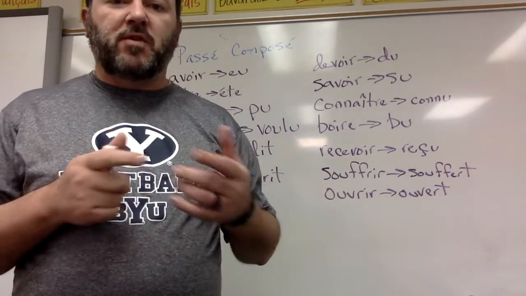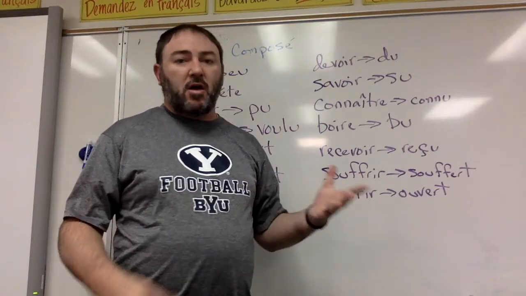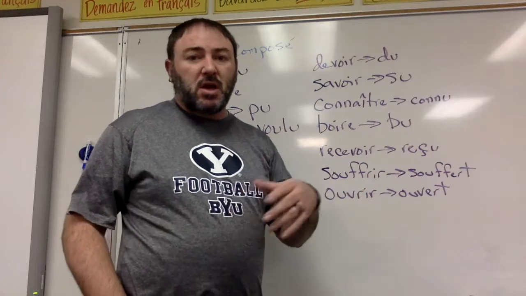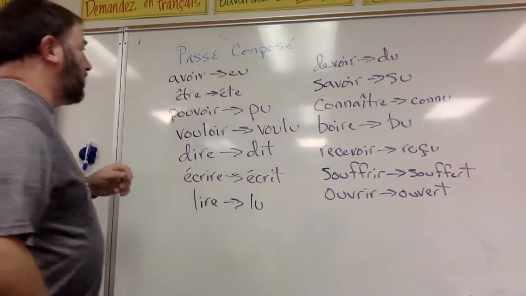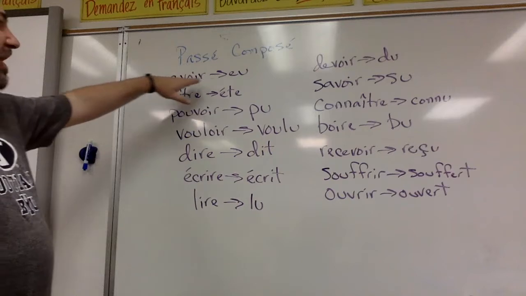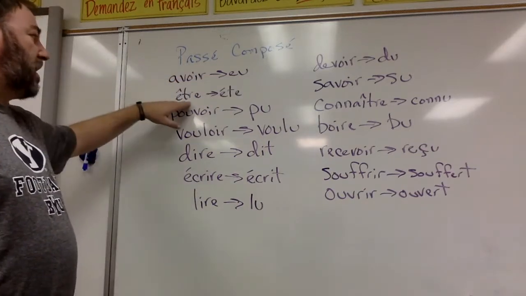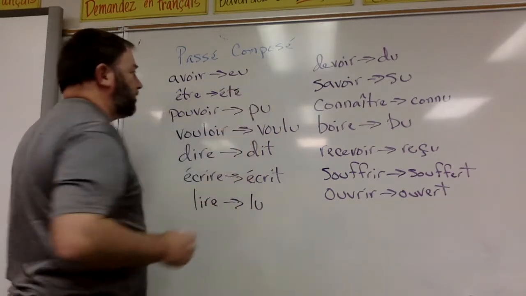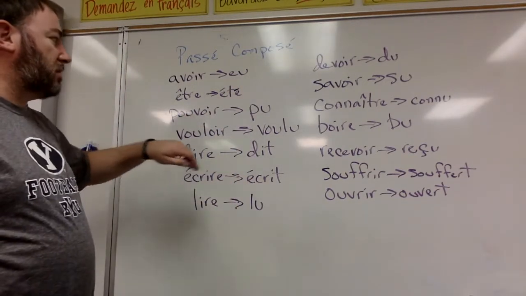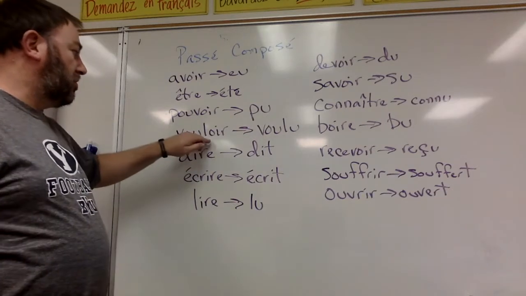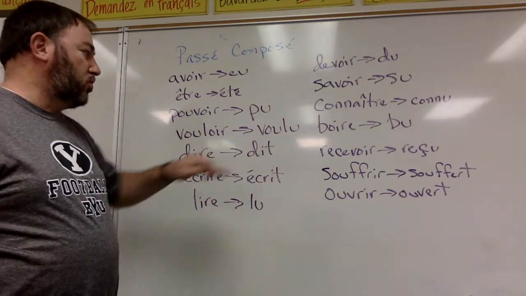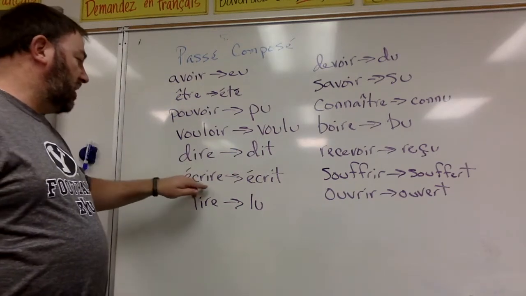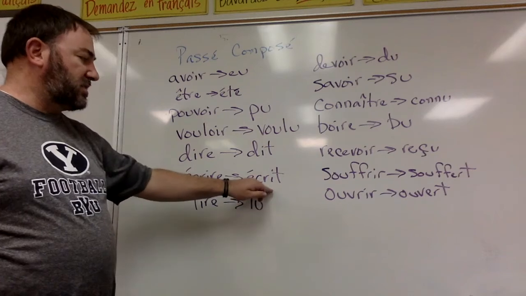So now let's go over my partial list. It's not all the verbs, but it's a vast majority of the ones that are most commonly used up here on the board. So, avoir, the past participle is eu. Être, past participle is été. Pouvoir is pu. Vouloir, voulu. Dire is dit. Écrire is écrit.